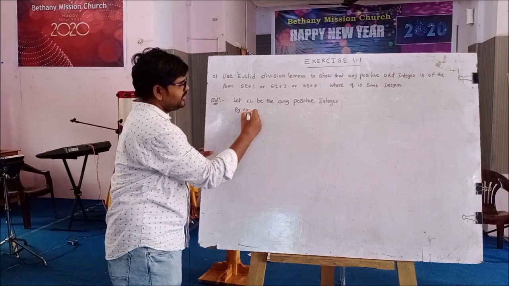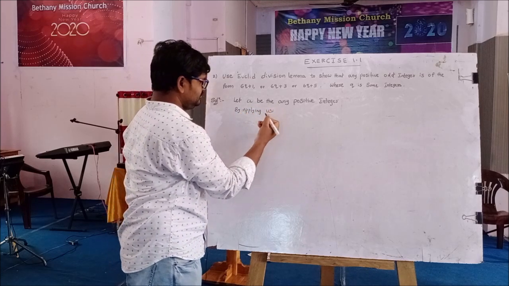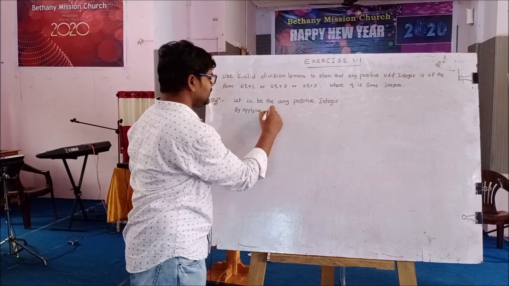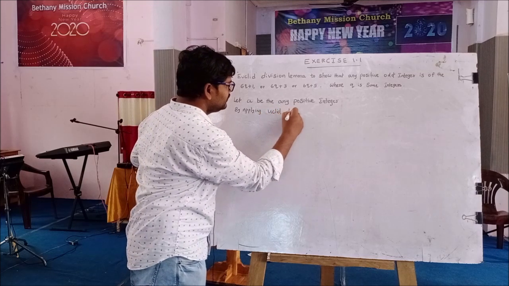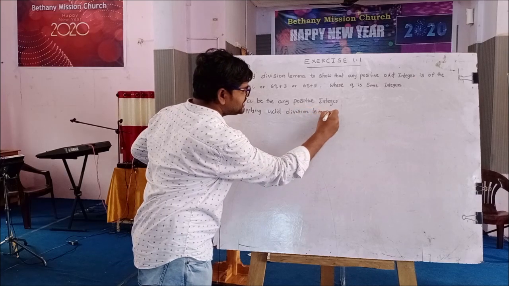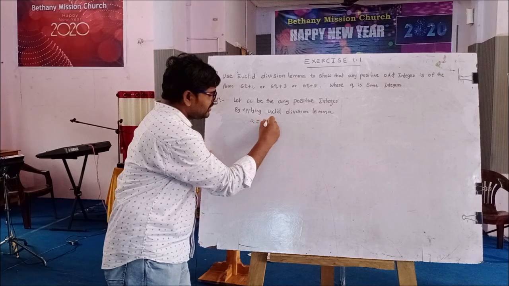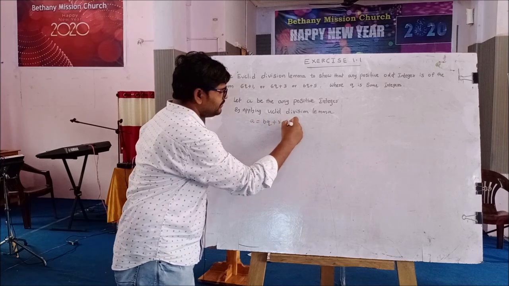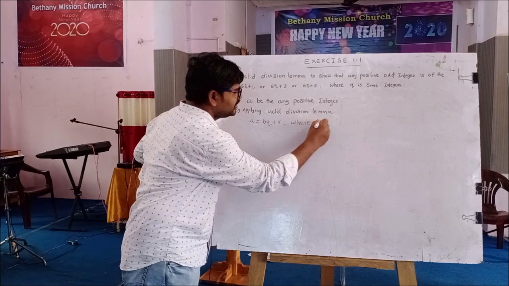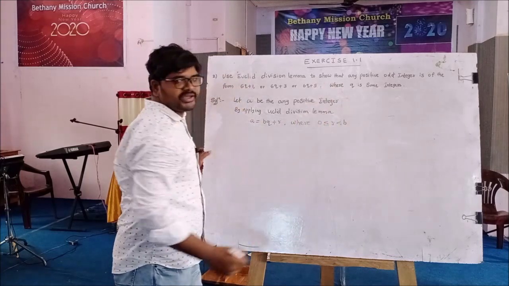By applying Euclid division lemma, A equals BQ plus R, where 0 is less than or equal to R less than B.